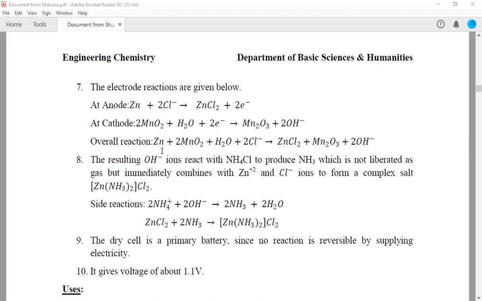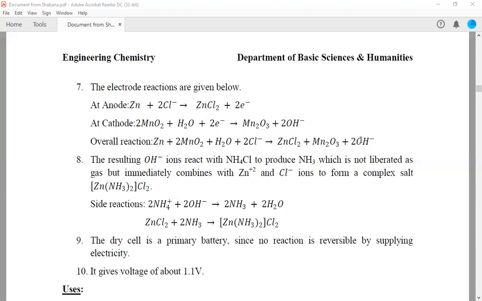So the overall reaction at the cathode and the anode, after the cancellation of each component, two electrons are cancelled. Here zinc plus 2 MnO2 plus water plus chloride ion gives rise to ZnCl2, Mn2O3 and the formation of hydroxyl ion.